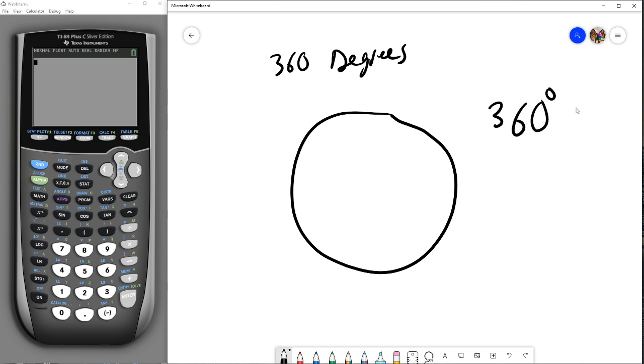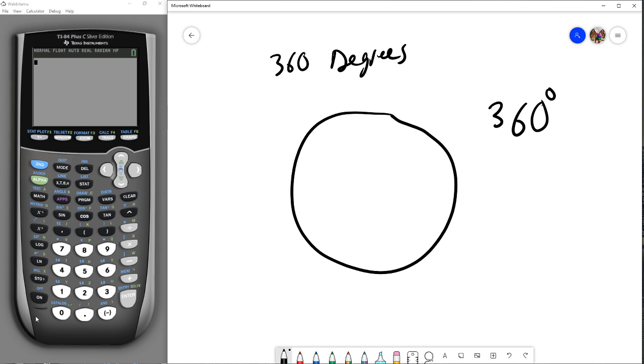So whenever you see that little circle, that means degrees. So a circle, again, is 360 degrees. That's going all the way around. So one rotation all the way around in a circle will be 360 degrees. And this little circle is how we represent the unit. So like you would have an M for meters, we have this little circle for degrees.